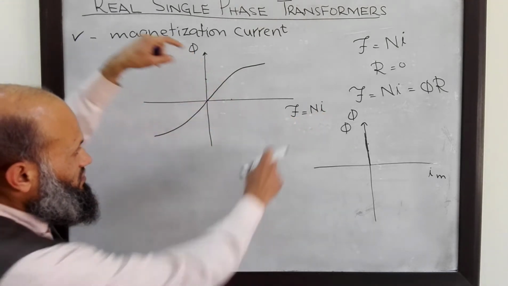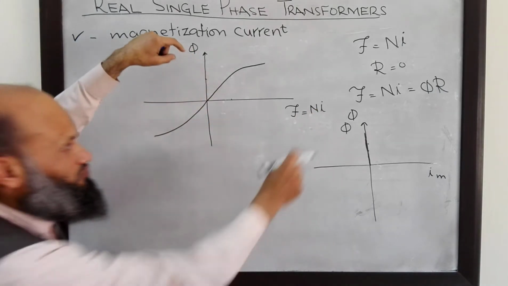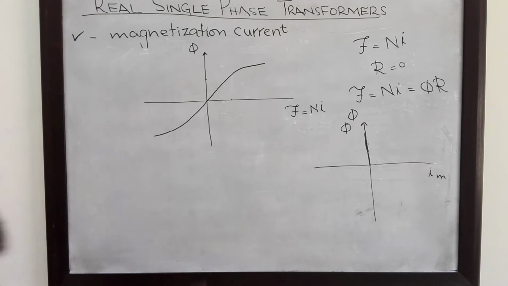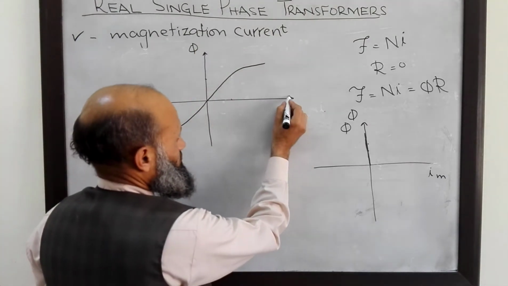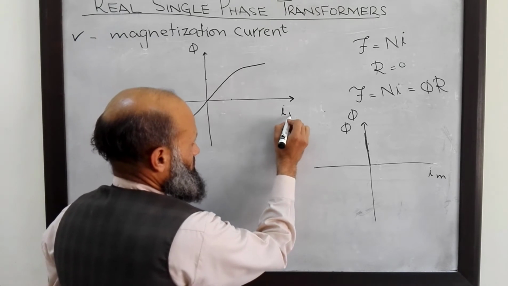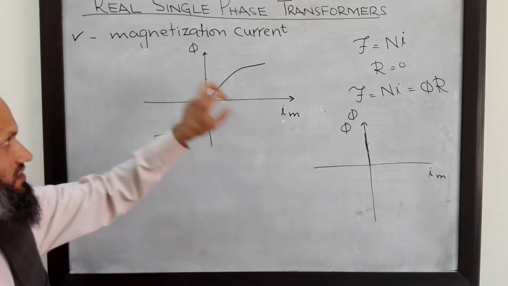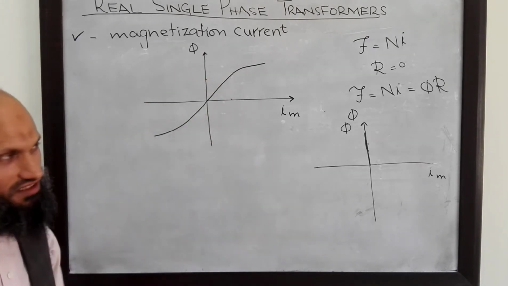So whatever is the shape between MMF and flux, the same should be the shape of the curve for the magnetization current and the flux. So this is the graph relating the magnetization current and flux. Hence, if we are given a graph of flux, we can find the corresponding amount of the magnetization current.